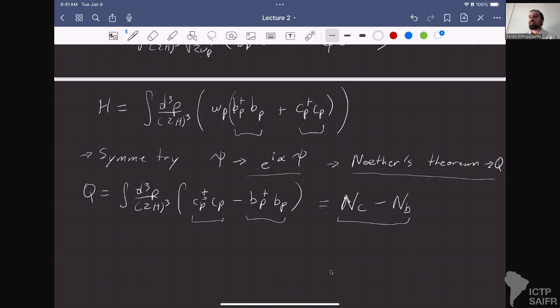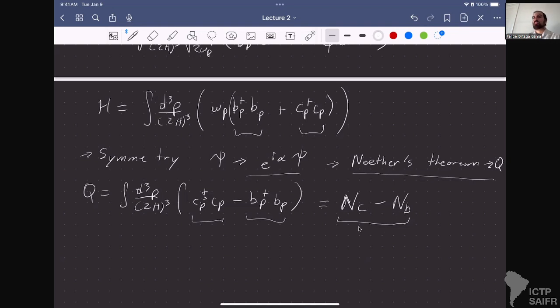And the difference between these two numbers will not change. So you can keep creating particles as long as you create them in pairs, in a sense. So that's what is called pair production. And it's a phenomenon that happens in quantum field theory. That's one of the additions that quantum field theory can explain, and quantum mechanics on its own cannot have this type of phenomenon.